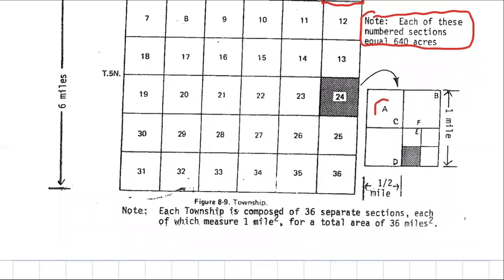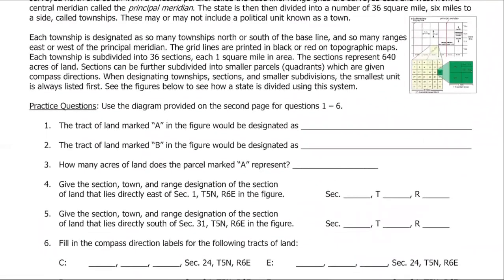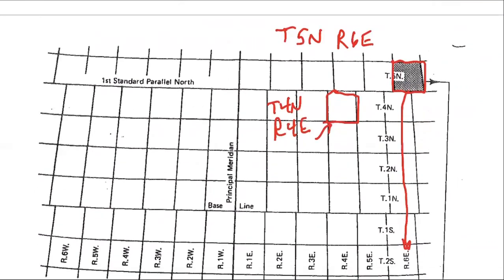This is A. Okay, well, we know we're in section 24. So the first part of any answer, when we're trying to figure out where something is, let's go back and say, all right, what township and range are we in? I'll erase this one because we're not there. We are in Township 5N and R6E.